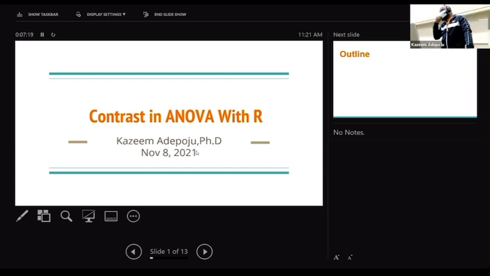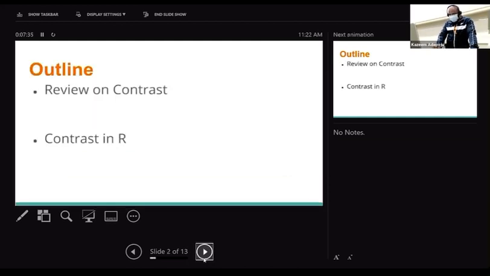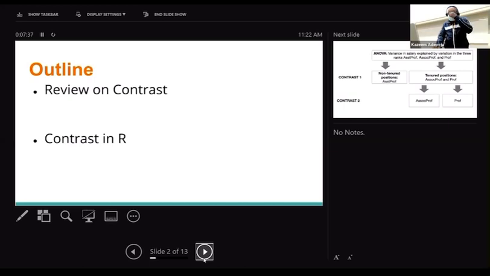I think I showed you one example of assigning contrast weights on Friday, and I'm going to show another today. So what I have for you today is contrast in ANOVA. Of course, we're going to have a review on contrast, then we're going to do contrast in R.